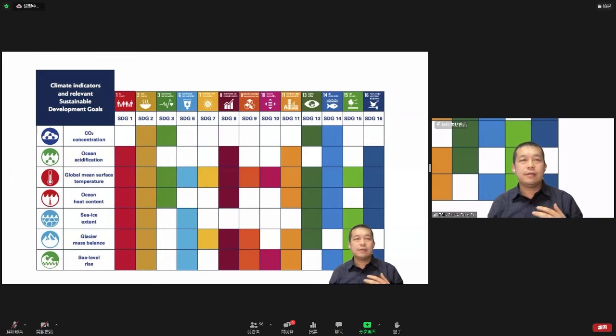We know that climate change has huge implications on the Sustainable Development Goals, which countries agreed to achieve in 2030. This table shows the relationship between climate change and the SDGs, and you can see that generally climate change impacts almost all SDG goals, if not all of them, but most of them.